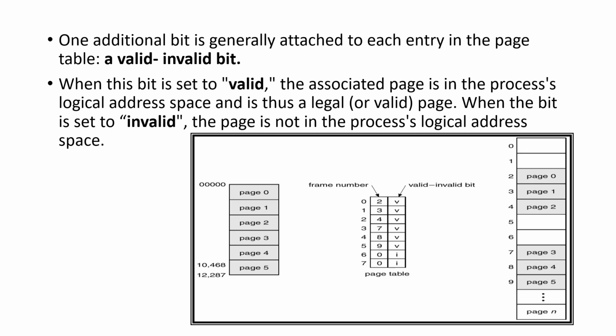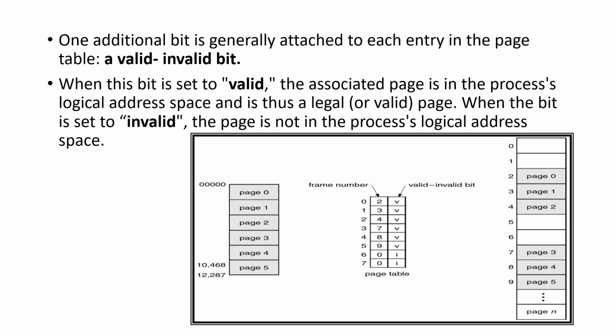Here also we can see with an example how the pages are allocated in the physical memory. Pages are numbered from 0 to 5, and here we also have a page table. Instead of one column, there are two columns in this page table. The second column indicates whether it is a valid bit or an invalid bit. If the required page is there, it is indicated as valid.